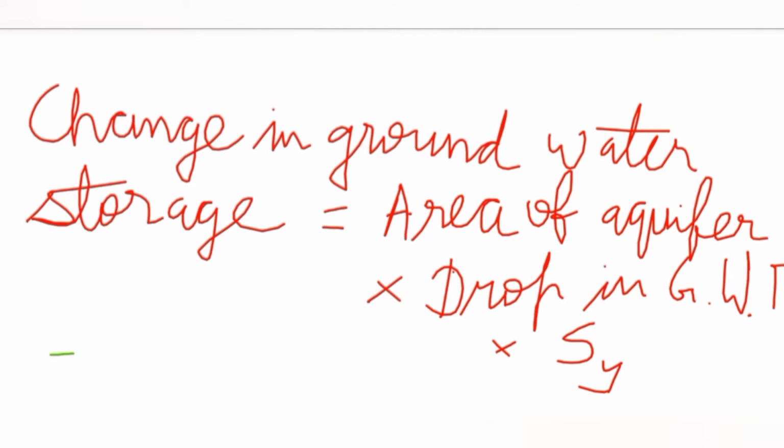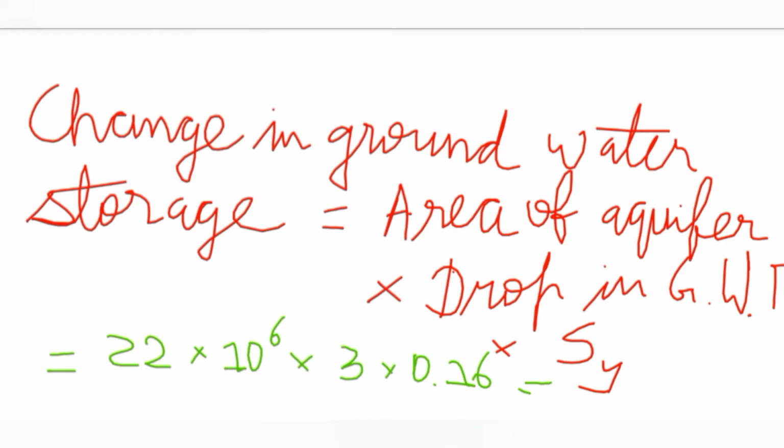So change in water storage will be equal to area of aquifer, that is 22 into 10 raised to 6 meter square, into drop in groundwater table is 3 meter, and specific yield is 0.16.